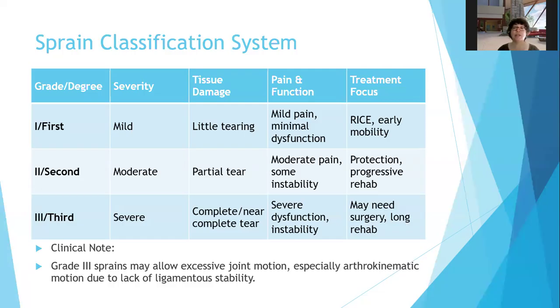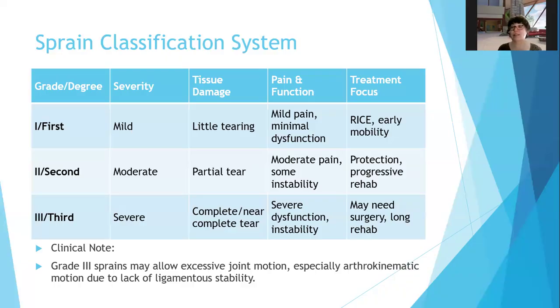And so in order to use imaging to diagnose a sprain or a strain, you have to get an MRI. That's the only thing that's going to show up. However, they don't usually go straight to an MRI. Usually they will do some clinical assessment to figure out how much instability there is in the joint and assess the degree of the sprain from that.